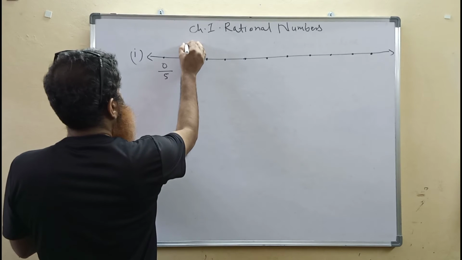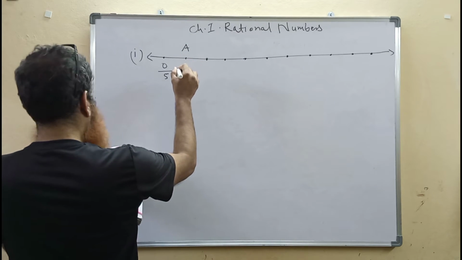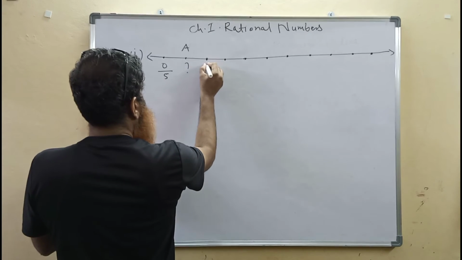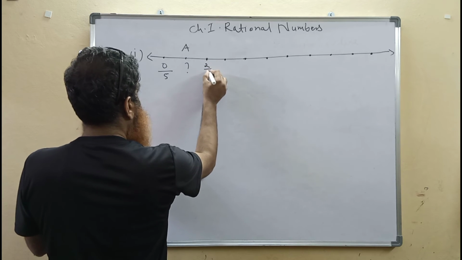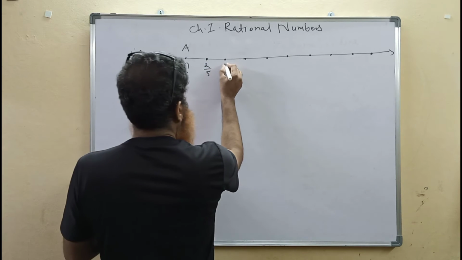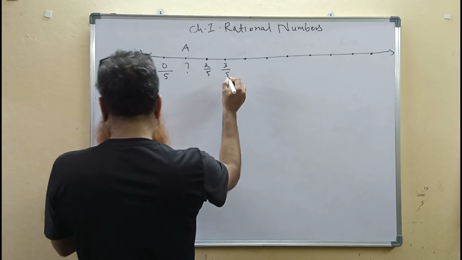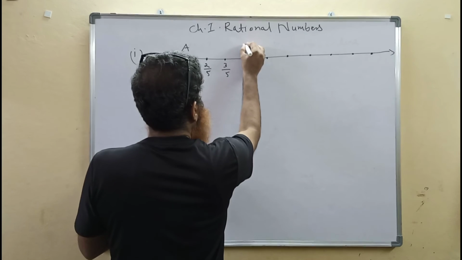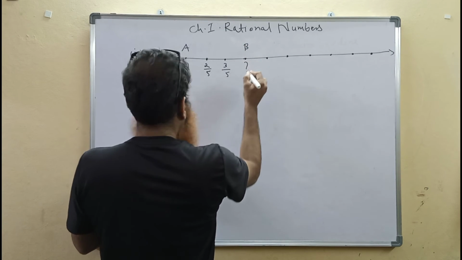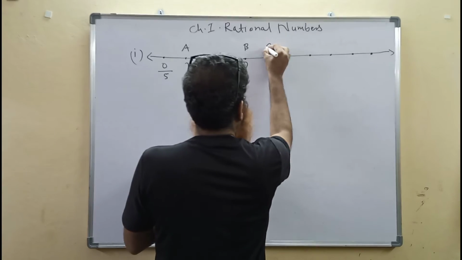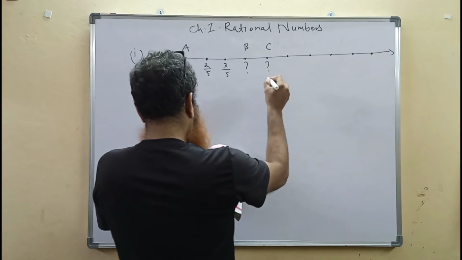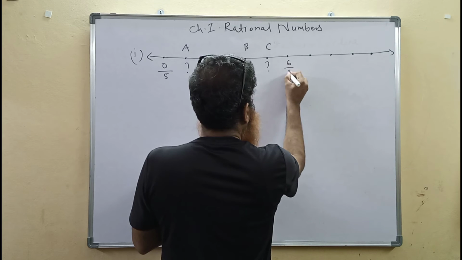The next is A, we need to find. Then it's 2 by 5, it's given. Then the next one is 3 by 5 given. Then the fourth point is B, we need to find. Then C, we need to find. Then it's 6 by 5.